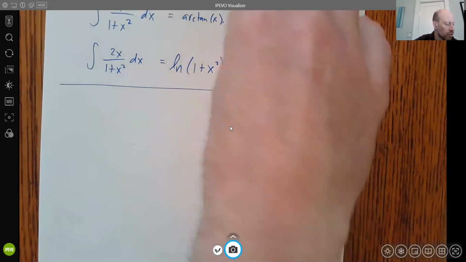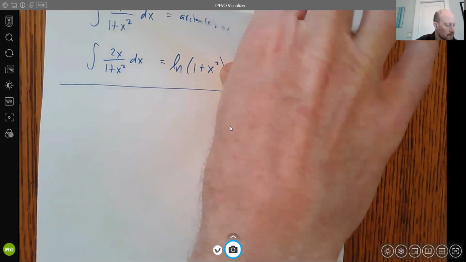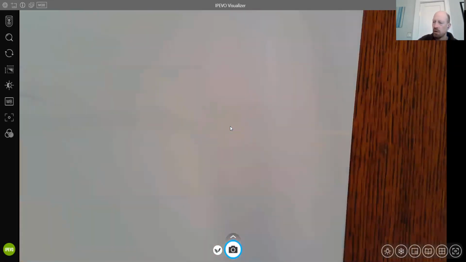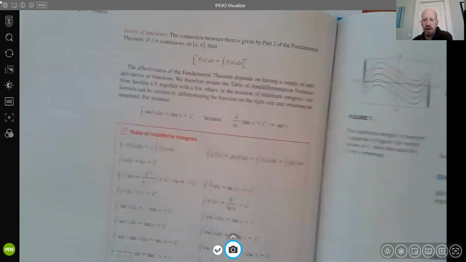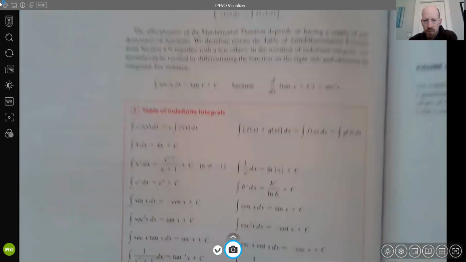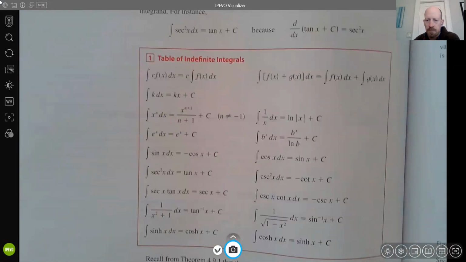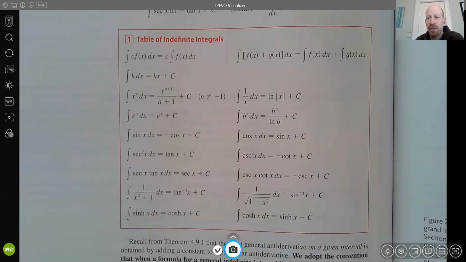Let me show you just a couple rules here. So this is from the book, obviously, because I'm showing you the book. You may have seen these already when you looked in the antiderivative section.